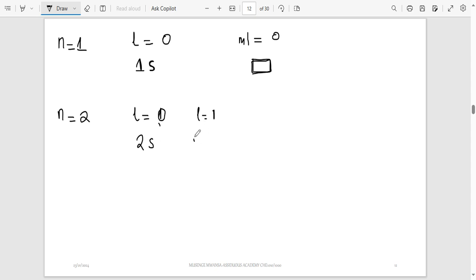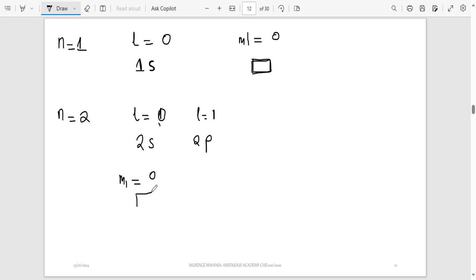When L is equal to 1, this is going to be a p orbital in the second energy level, that is a 2p. Now remember, when L is equal to 0, what will be ML? ML is a number from negative L to positive L. And that will just be 0.